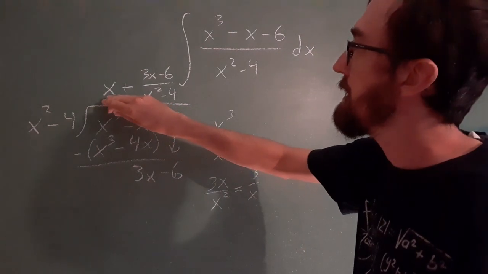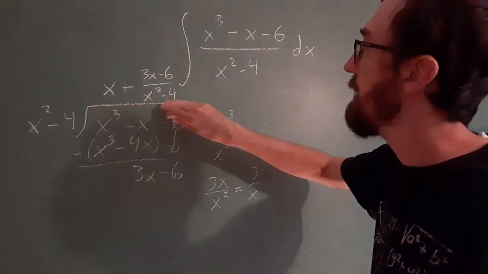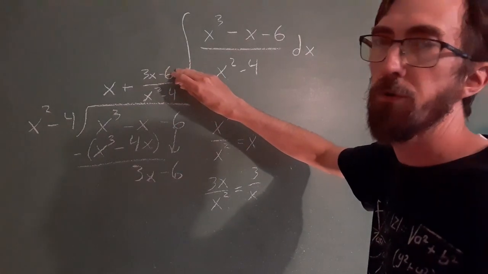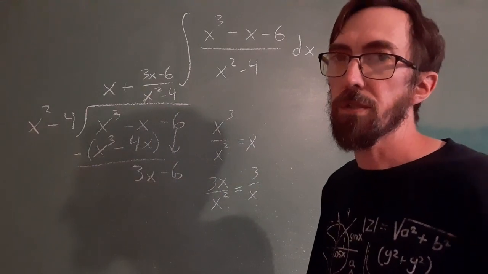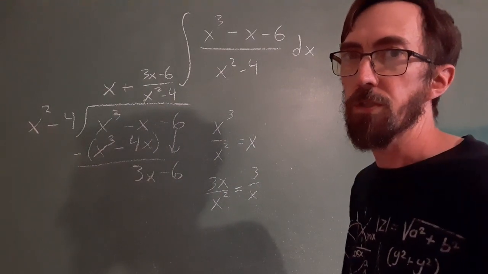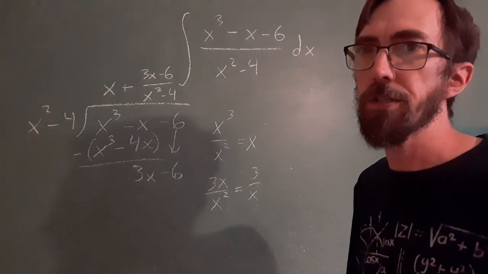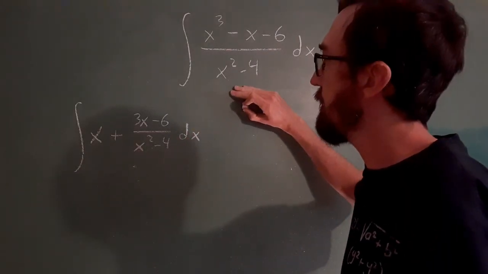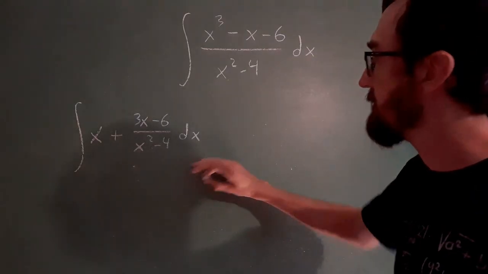It will be much easier to integrate just the x here, and there is a common factor here that will divide out of the numerator here, reducing this to a much easier to integrate function. So let me reset a little bit and we'll walk through that integration. Now that we have rewritten this rational function in this form, we see that we can integrate across here.